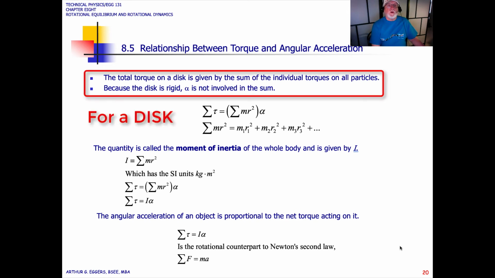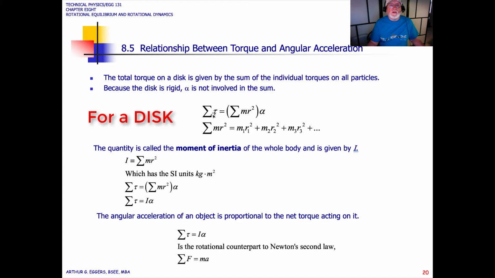The total torque on a disk is given by the sum of the individual torques on all particles. If we look at a disk, because a disk is rigid, the angular acceleration is the same for all particles and is not involved in the sum. So we sum all of the torque values and extract out the angular acceleration.